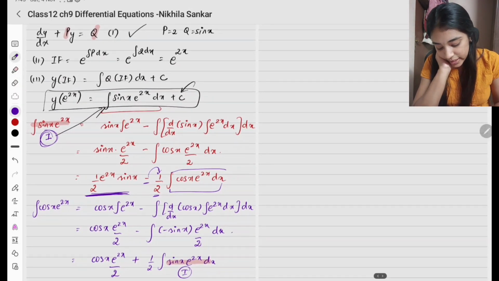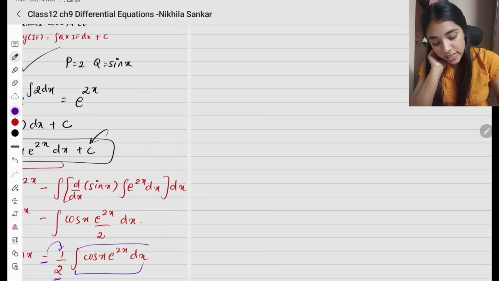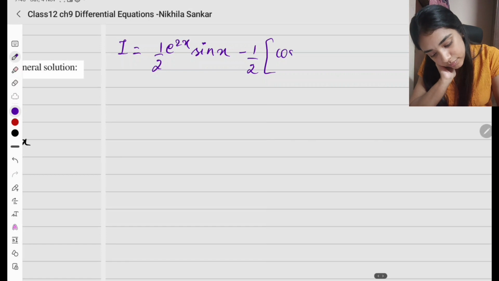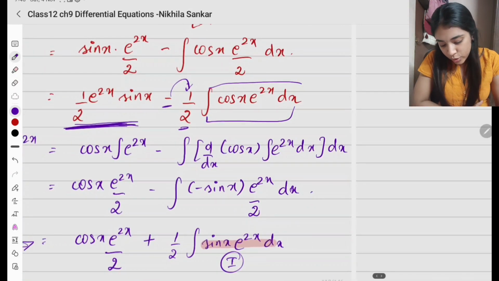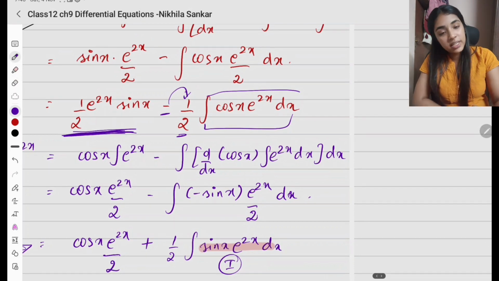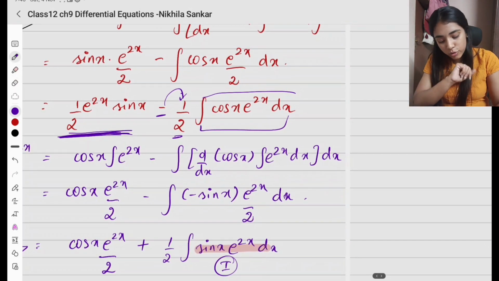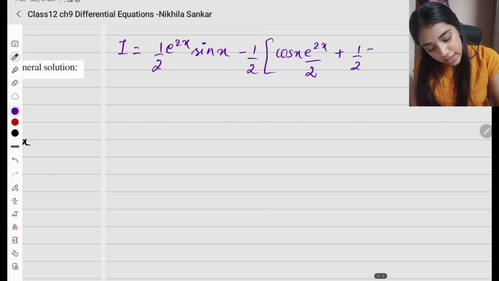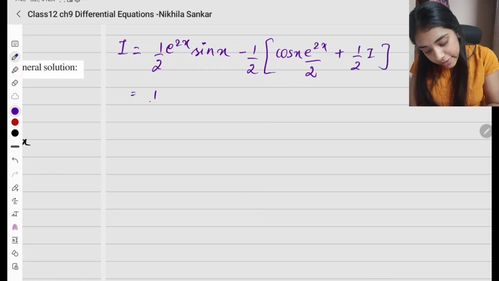What did we do? Integration cos x e to the 2x is going to be this particular thing: cos x e to the 2x divided by 2. And what other term is there? Plus half times integration, which is what we named I. So plus half I. Okay? Plus half I.